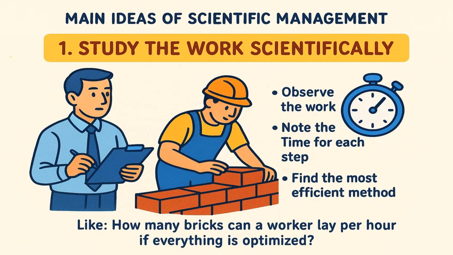The main ideas of scientific management. First is to study the work scientifically. It is the duty of the manager to observe the work, note the time for each step, and then find the most efficient method, like how many bricks a worker can lay per hour.